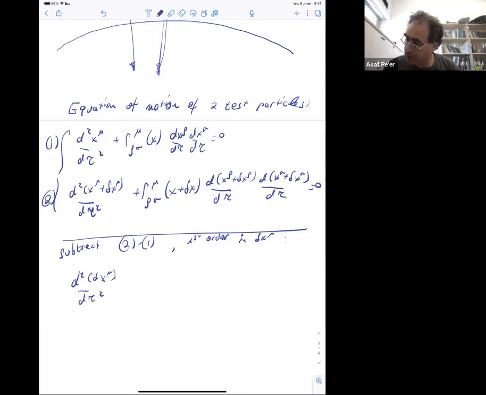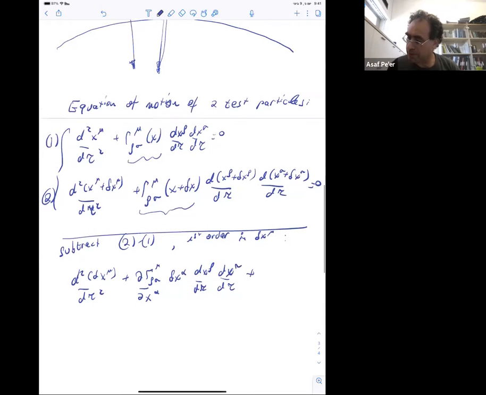And here we have several terms, so we simply need to take all of them: ∂Γ^μ_ρσ/∂x^α δx^α, times dx^ρ/dτ dx^σ/dτ, since I'm taking the difference between these two.